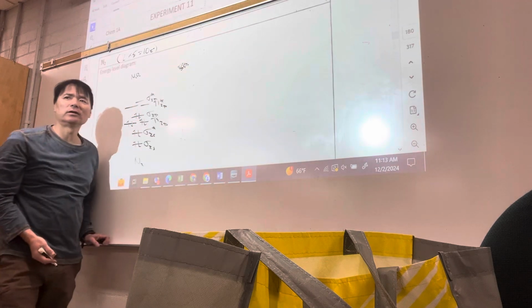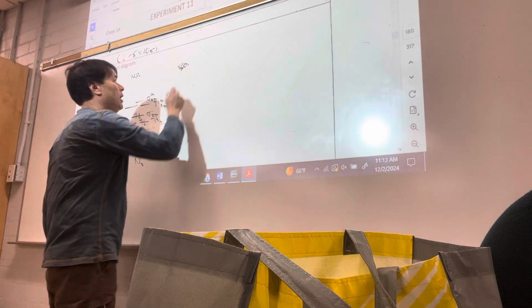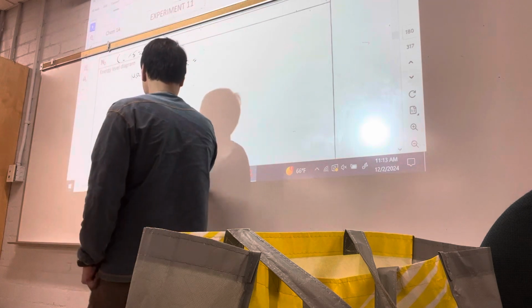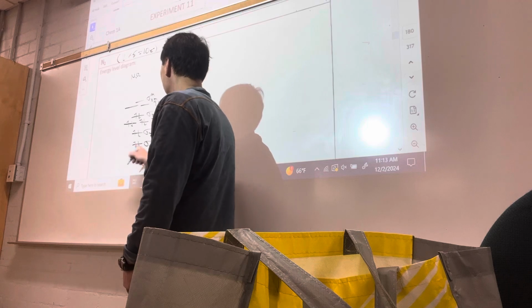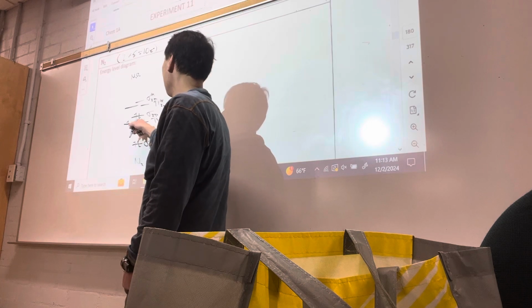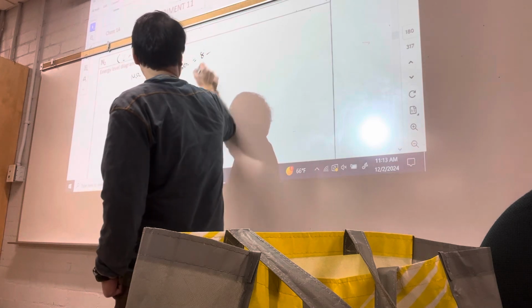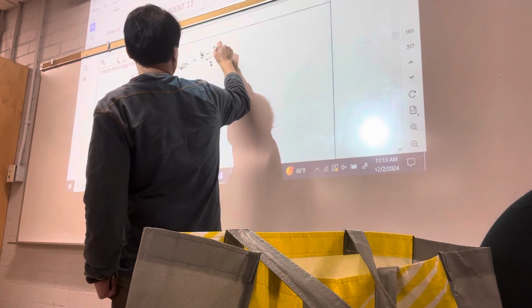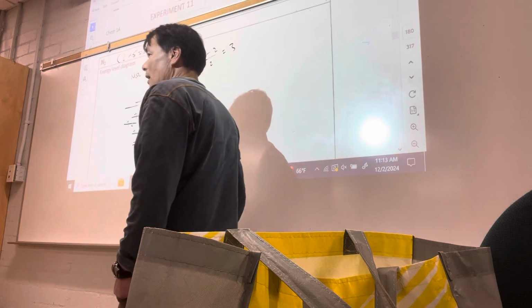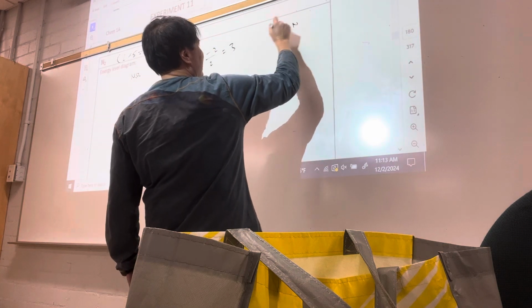What is the bond order for this? How many bonding electrons? Let's go ahead and do the count. 2, 4, 6, 8. How many antibonding? 2. Divided by 2, which gives us a bond order of 3. So we expect a nitrogen-nitrogen triple bond is what we expect here.